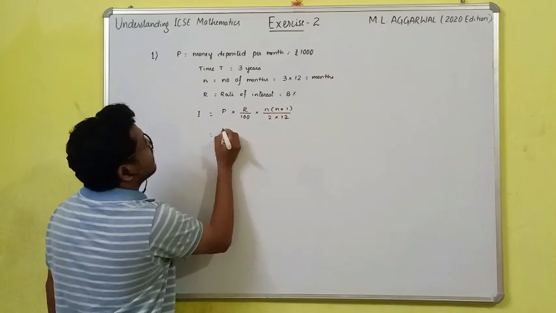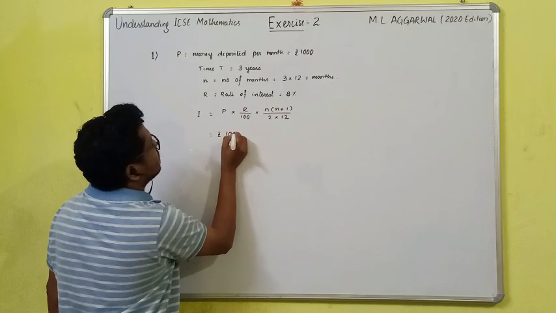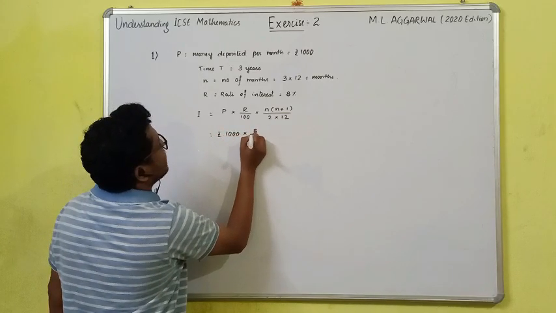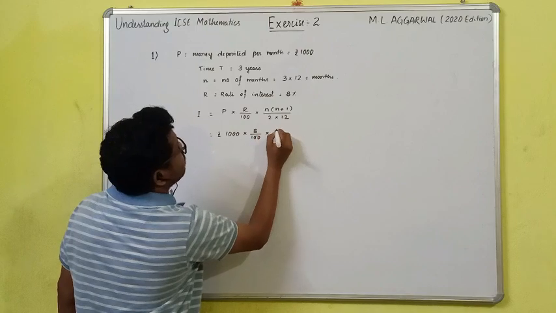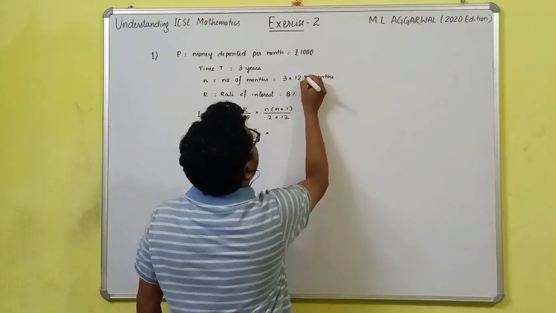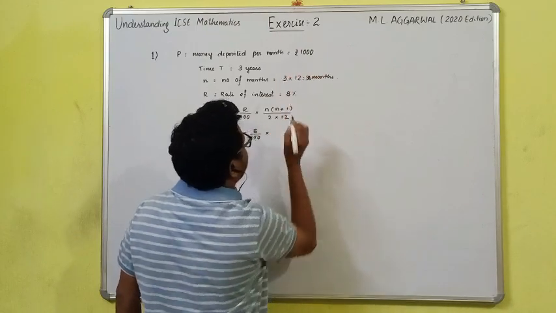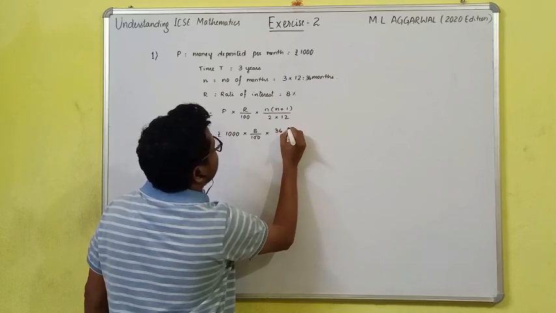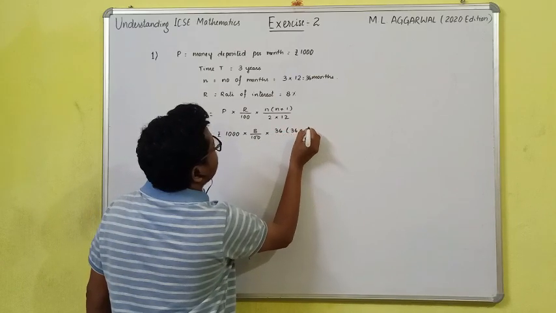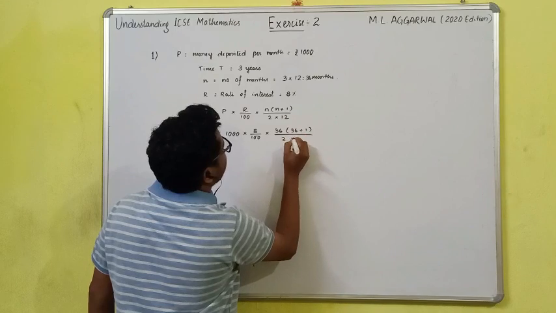So now here I can write rupees 1000 into 8 by 100 into, here 3 into 12 is equal to 36. So here 36 bracket 36 plus 1 by 2 into 12.